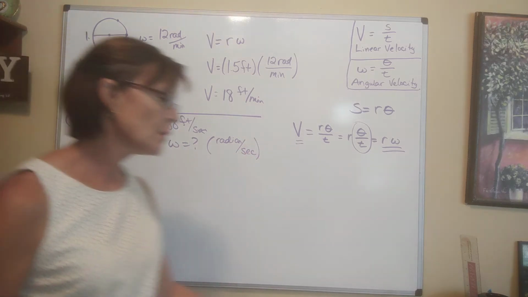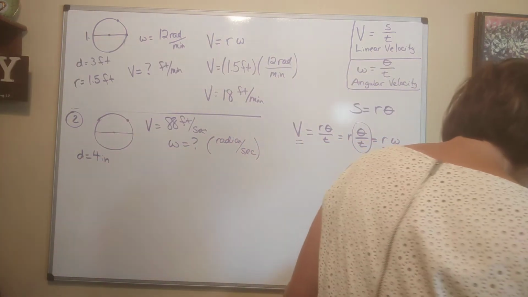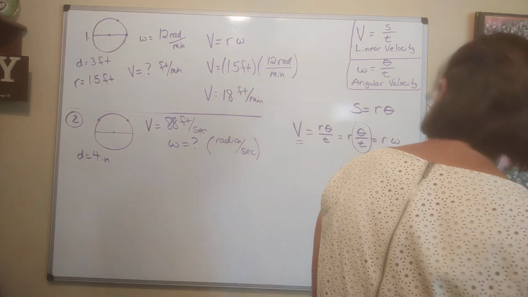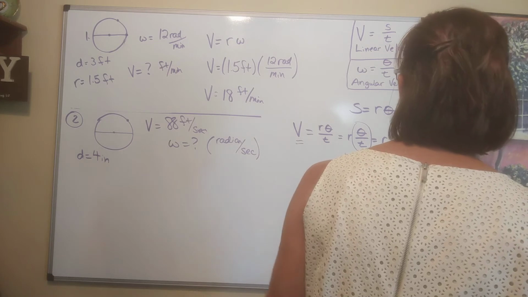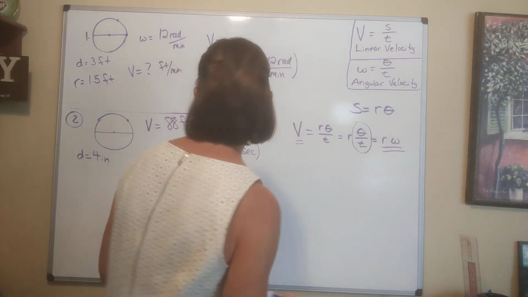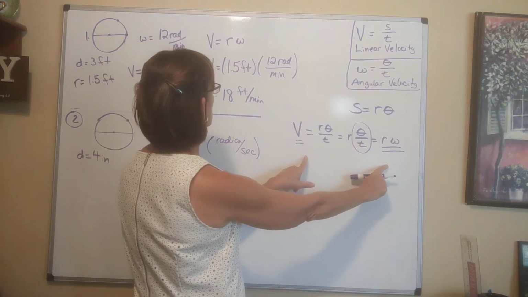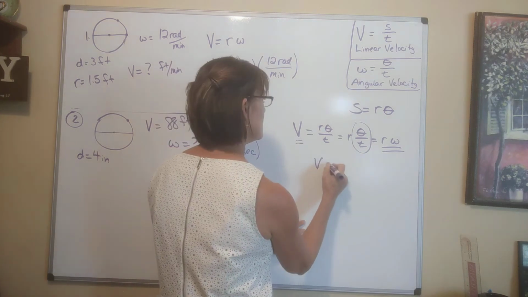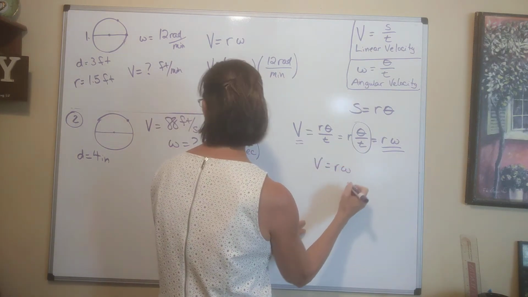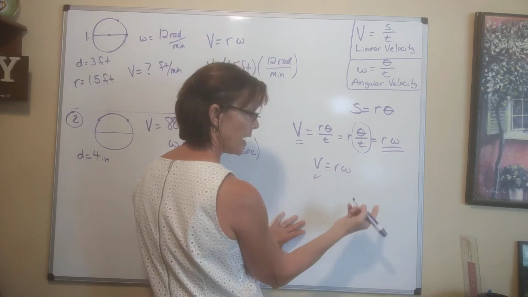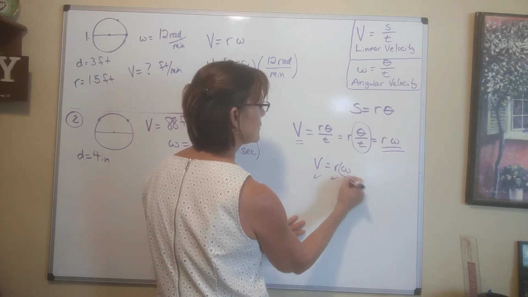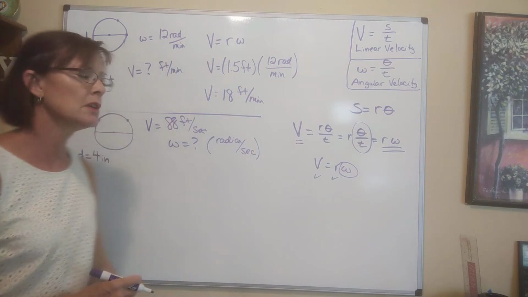Okay, let's see what we can work with here. For this problem, they gave us the linear velocity, and we're trying to find omega. I'm probably going to use this one again, that V is equal to R omega, because they told me V and they told me the diameter, which gives me R, and I don't know omega. So this is a convenient one to use.